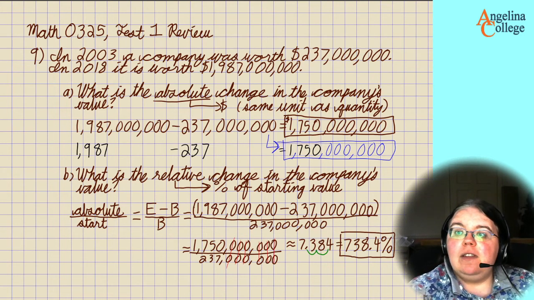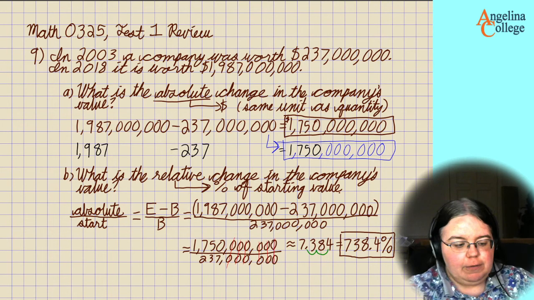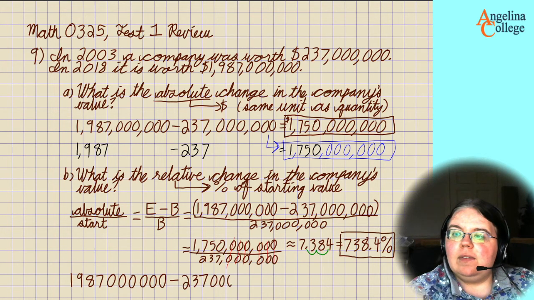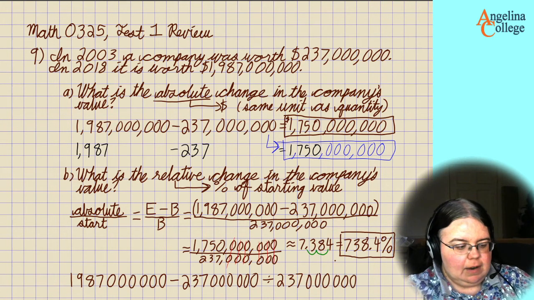Now, I mentioned that it could be important to put those parentheses. Let me show you what happens if you don't. So on my calculator right now, I'm just going to put in 1,987,000,000 minus 237,000,000 divided by 237,000,000. So that's what I'm typing in right now.